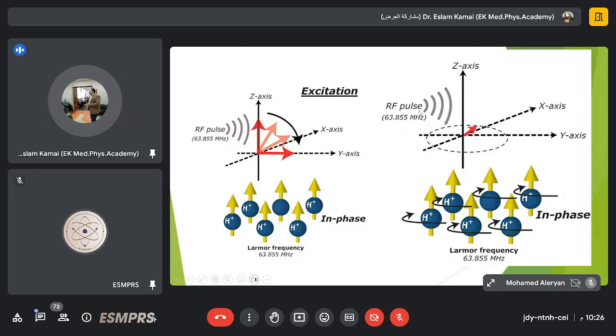So the starting and end position is the same for all of them. The net magnetic force for in phase protons is higher than for out of phase protons. As a rule of thumb, if the protons are in phase, the net magnetic force is higher than for out of phase protons. So now we have a magnetic force in the XY plane.